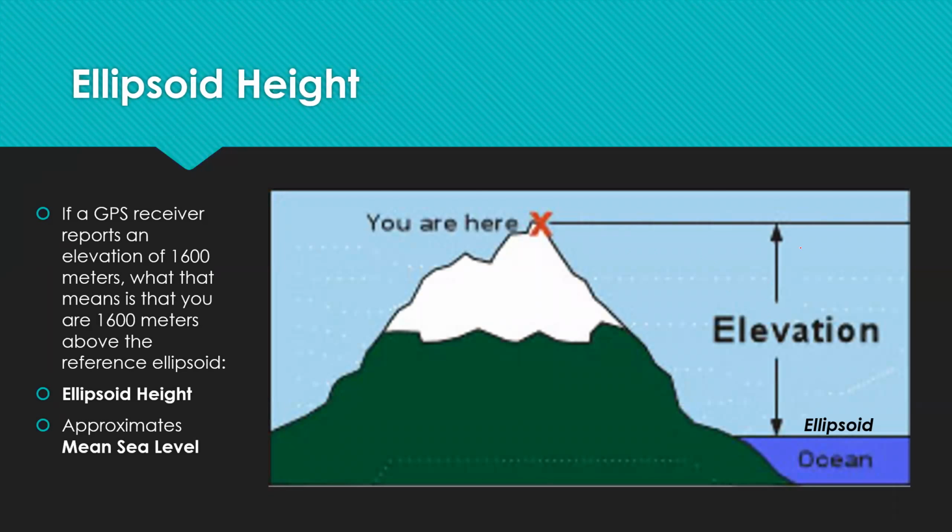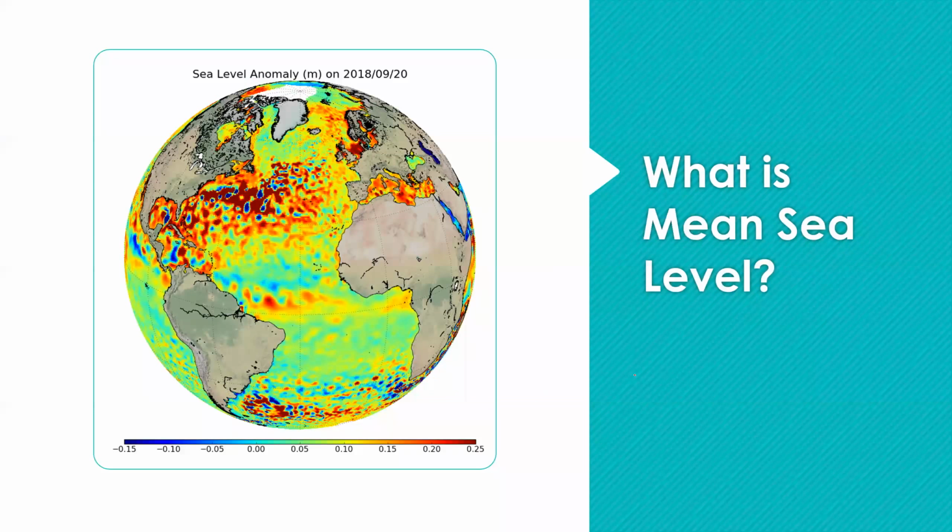So when we want to think about ellipsoid height, it's simply, if the ellipsoid is fit to represent the ocean, our height above that mathematical model, that simplistic model of the Earth's surface. But mean sea level is a really complicated thing. It's not just a perfect, smooth surface, it's lumpy.